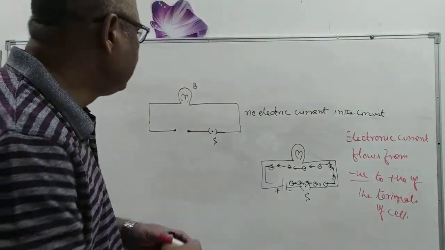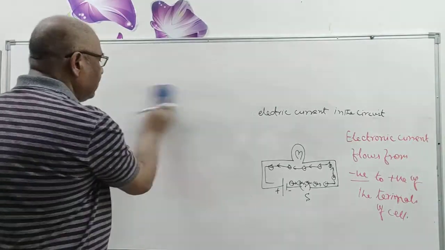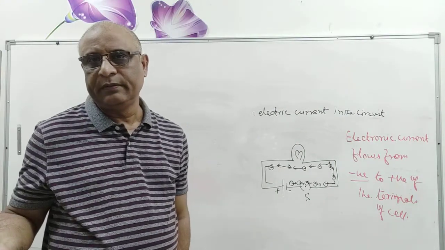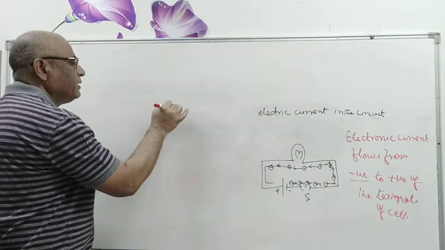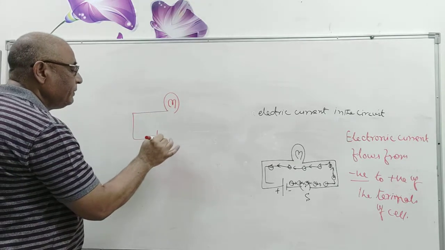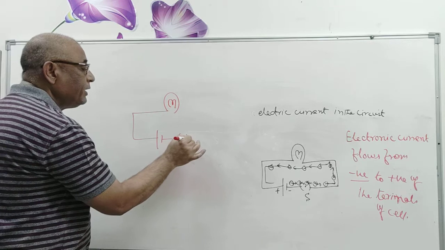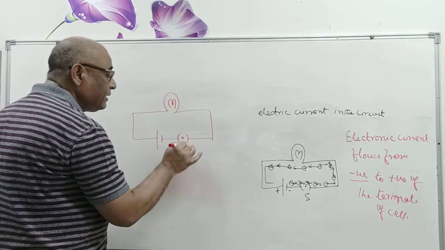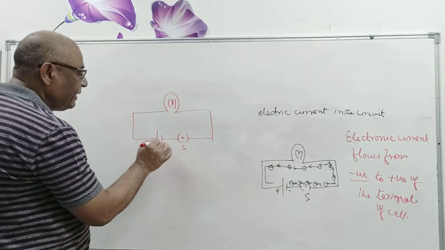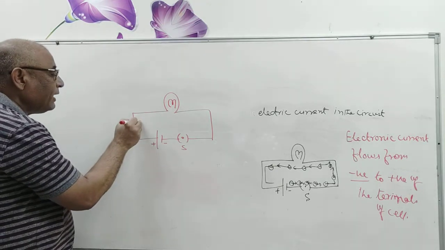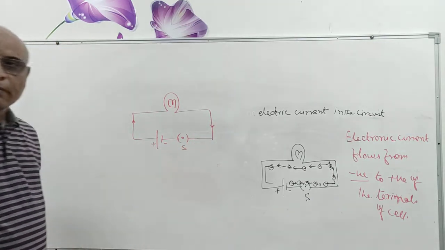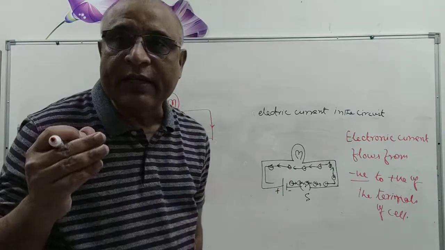But you know that the direction of current is shown from the positive to negative. Like this: same bulb, cell positive and negative, circuit is complete, switch is on. Then the direction of current is from the positive to negative. This is known as conventional current.